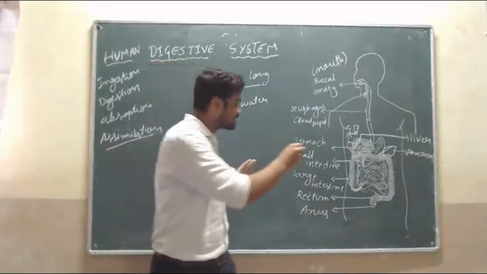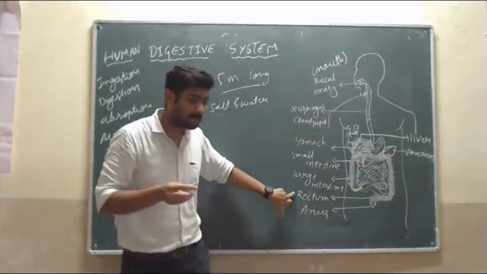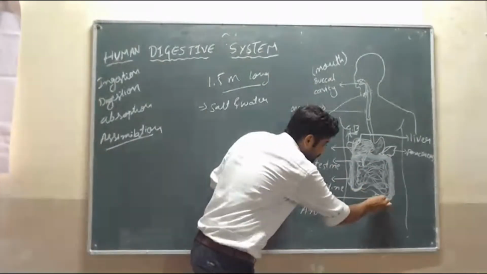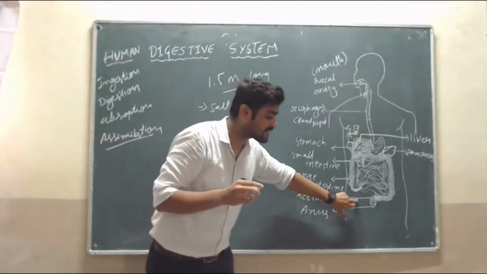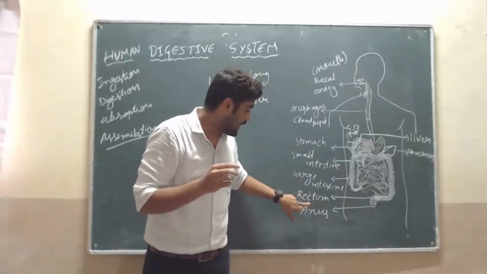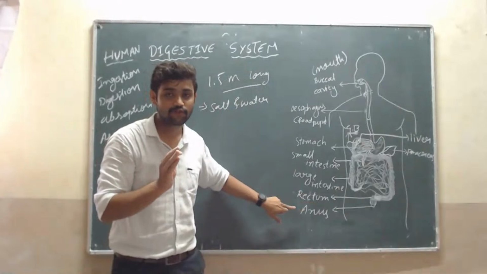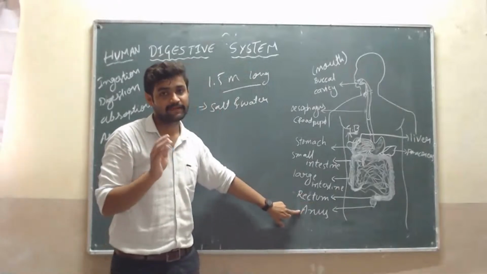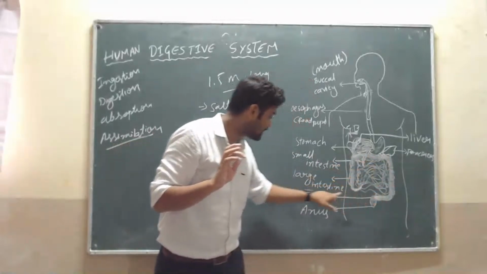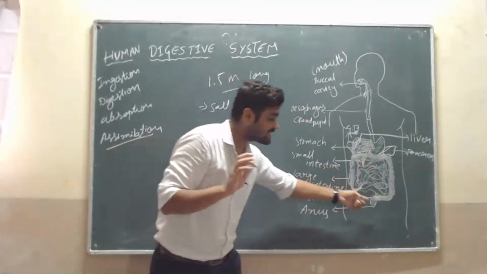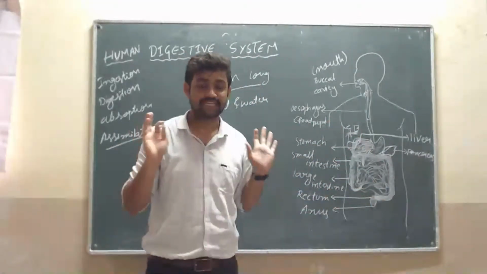Then the undigested food that is left enters into the rectum. That undigested waste food enters into the rectum, and it is removed by our body from time to time through the anus. Understood?